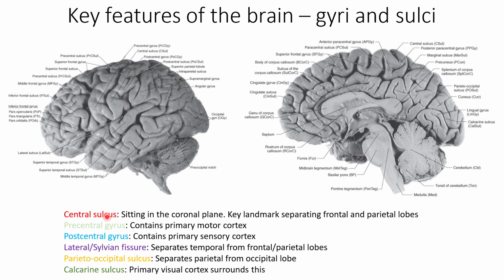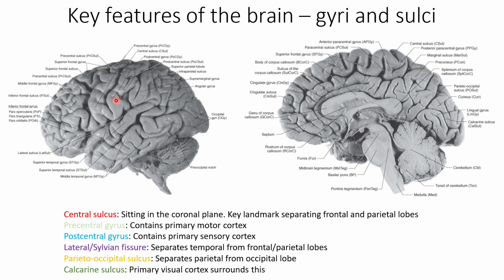Now a sulcus is essentially a valley, a depression sitting between adjacent gyri. Okay, so here is a gyrus here, and either side of it are two deep sulci. So the sulci are the valleys and the gyri are the raised portions.